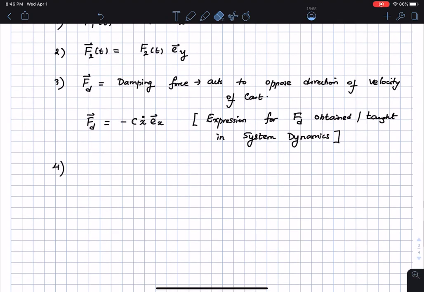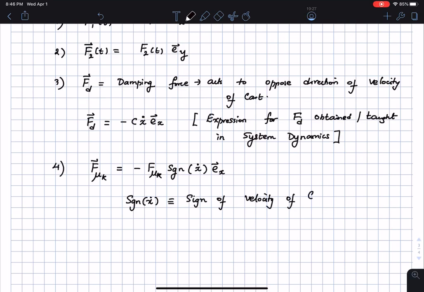This is going to be F mu k, which is minus F mu k times the sign of the velocity in the Ex direction, okay. Here Sgn represents the sign of the velocity of the cart.